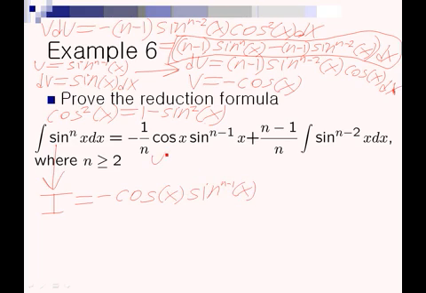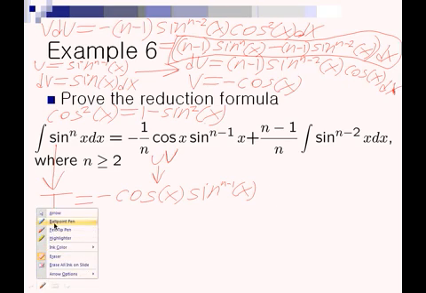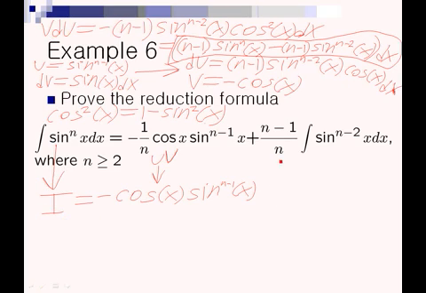That's your uv right here. And now, obviously we're subtracting v du, so this is going to get reversed.